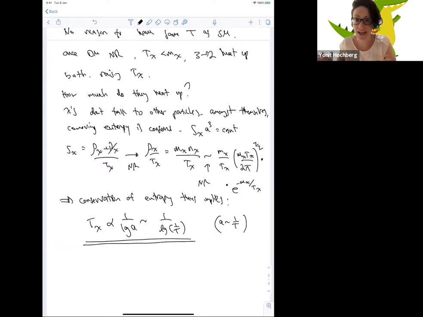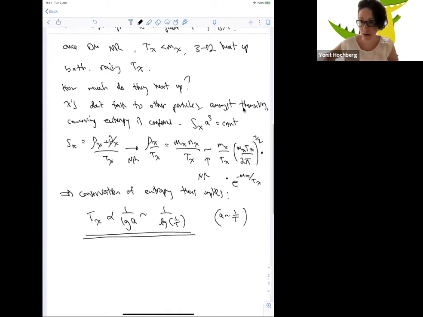Okay, and without understanding anything from that perspective, what we've just worked through together is the fact that if I have a secluded sector, the entropy conservation in that sector tells us that the temperature of that sector is exponentially growing compared to the standard model bath. Let me just write out that sentence.